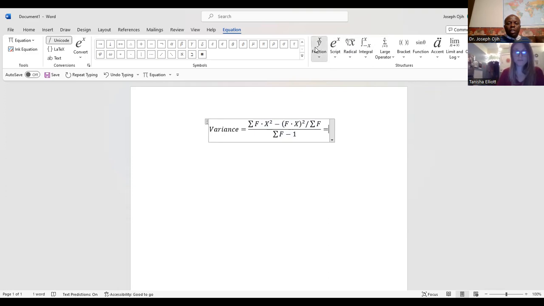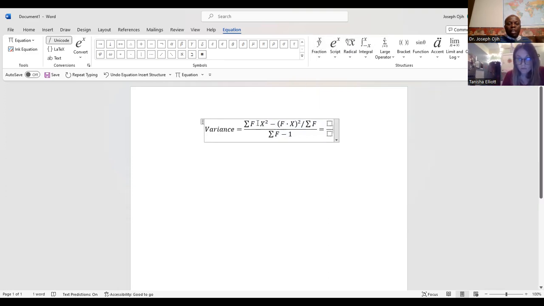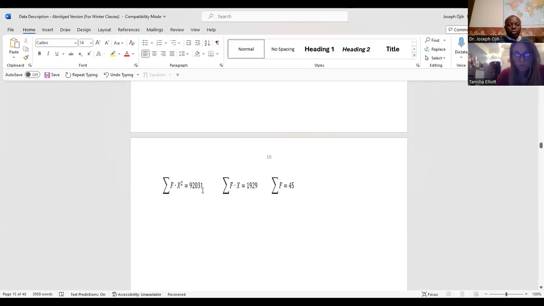So now let's put in the numbers. The sum of f times x squared, you can see it from here, is 92031. So let's type it in. 92031.